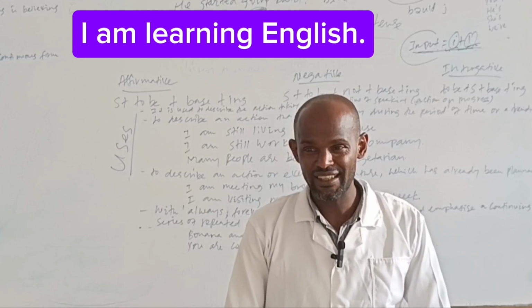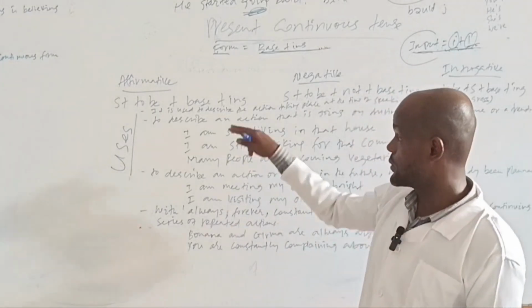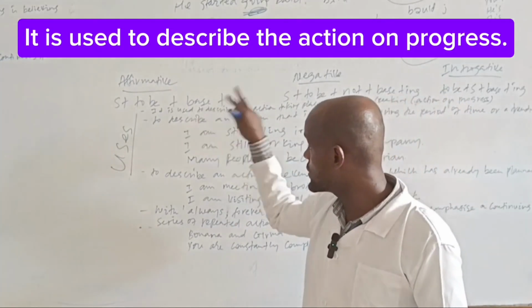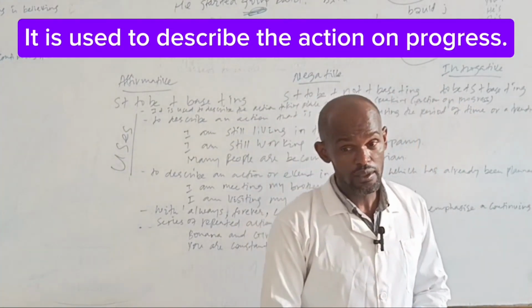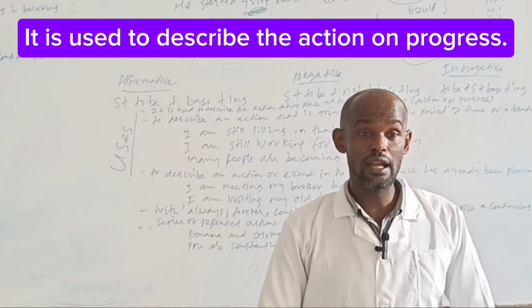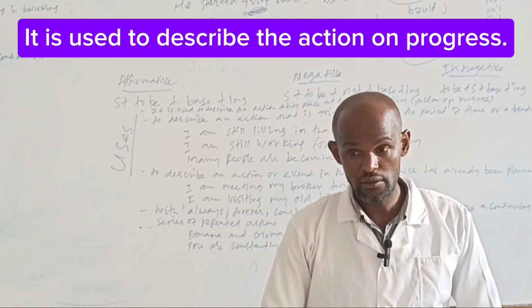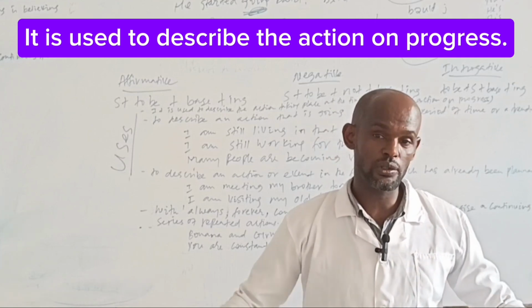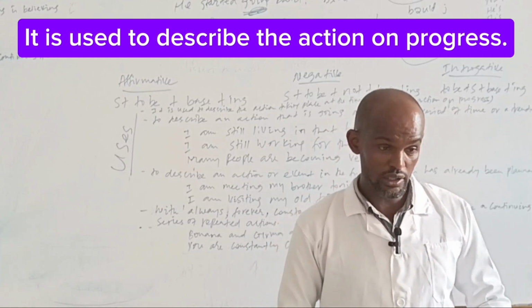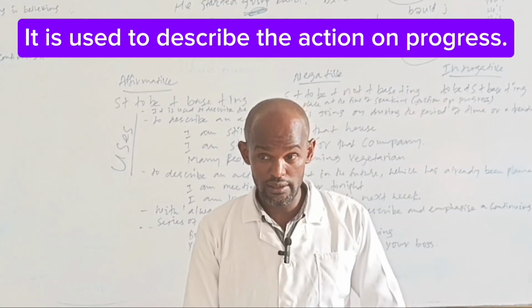You are doing the same thing. Okay. That is the affirmative. So that's why we said it is used to describe the action that is going on during the time of speaking. So we call it an action in progress.